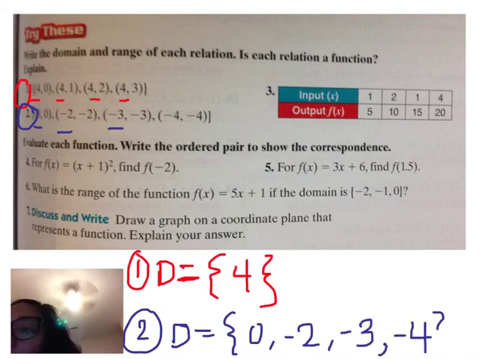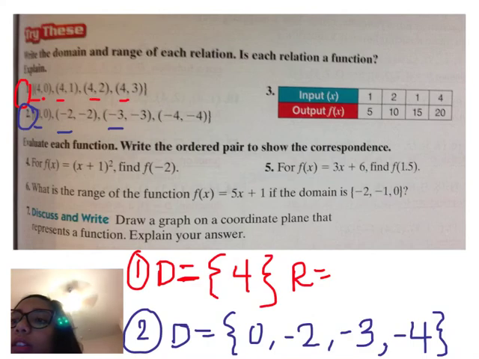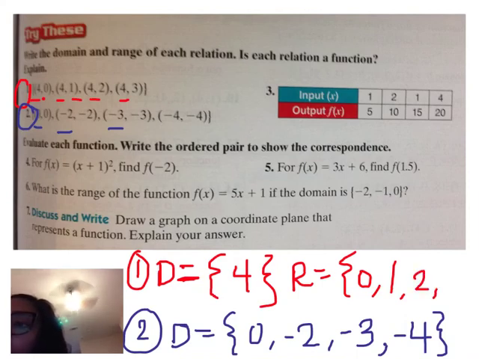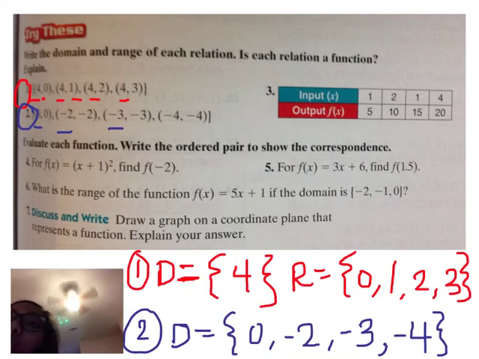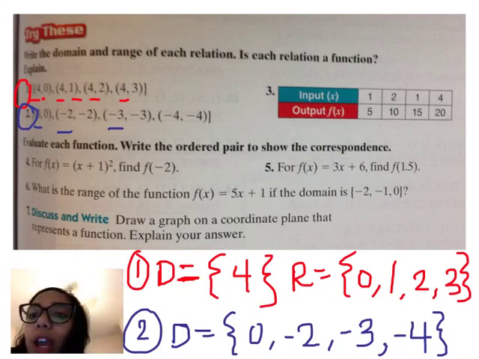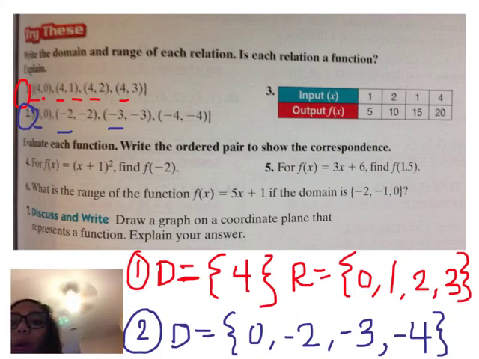I completely forgot to put the range of my other one. My range equals 0, 1, 2, and 3. That is my range of number 1. For number 2, I don't have room, but it just happens to be that my range is also 0, -2, -3, -4.